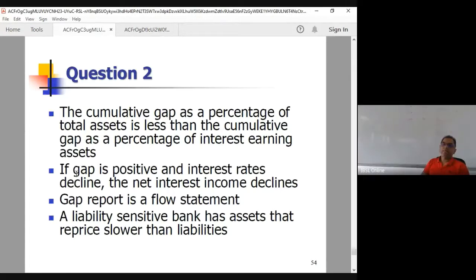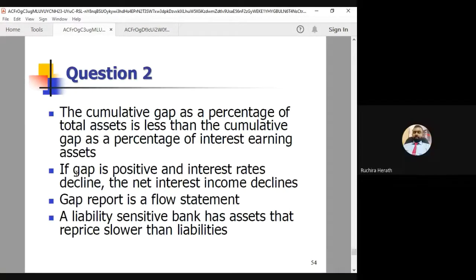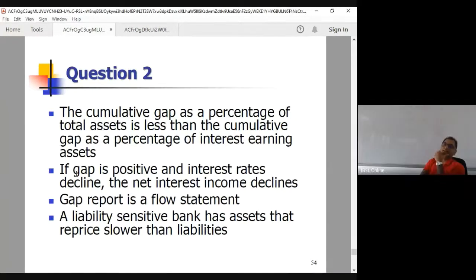A liability sensitive bank has assets that reprice slower than liabilities. Is that correct? What's a liability sensitive bank? We used a different term for positive and negative. So when you say liability sensitive, what kind of gap is that? Negative gap. Exactly.